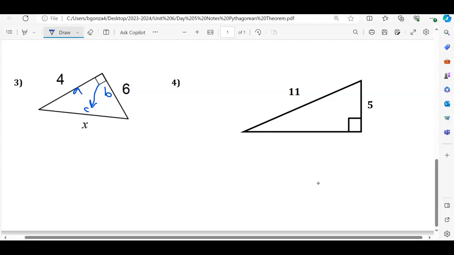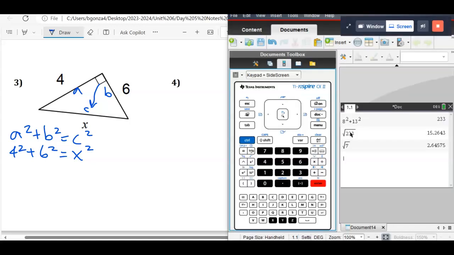Now, Pythagorean theorem: A squared plus B squared equals C squared. Replace A, B, and C. So I have 4 squared plus 6 squared equals x squared. I can do the 4 squared plus 6 squared in my calculator. So this gives me 52.